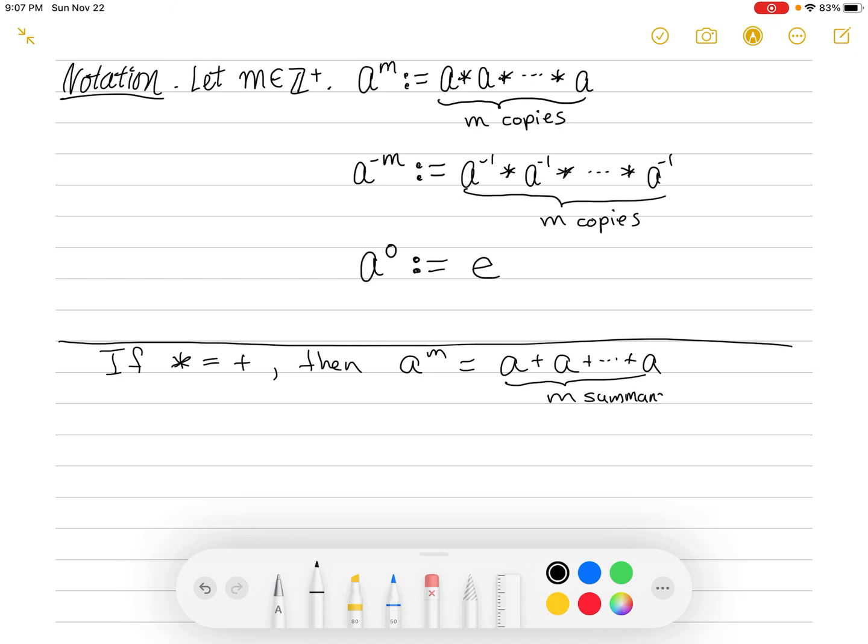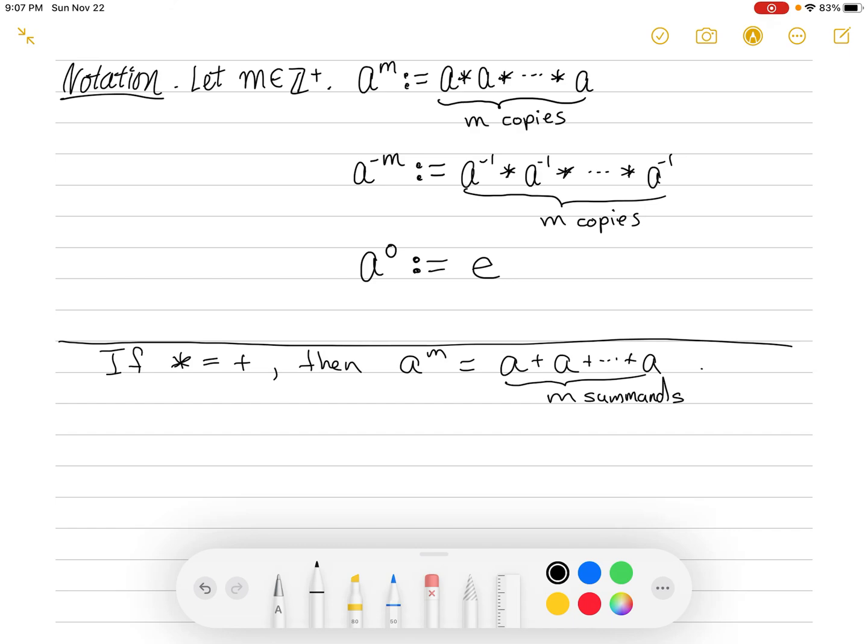I know that can be confusing because we're used to seeing a to the m power mean multiplication, but when the operation is addition, it just means you're repeating a over and over again with the operation being addition.